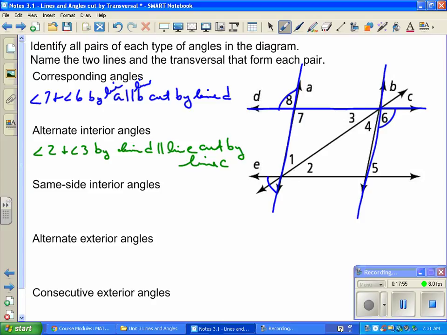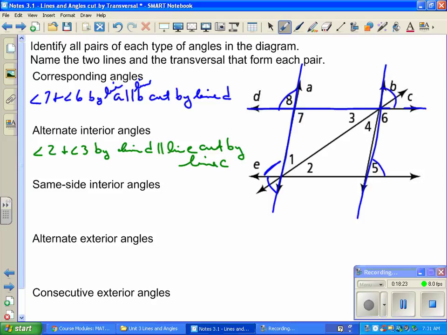So if we just focus on the picture I've already got up here, for that to be true, with 8, it would have to be here. And to be with 6, it would have to be below 8, and there's not one there. I also don't think there'd be one with 5, because it would have to be here to go with the 5. So D and E can't be transversals for that.